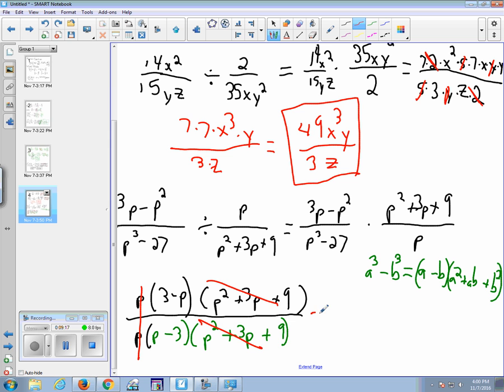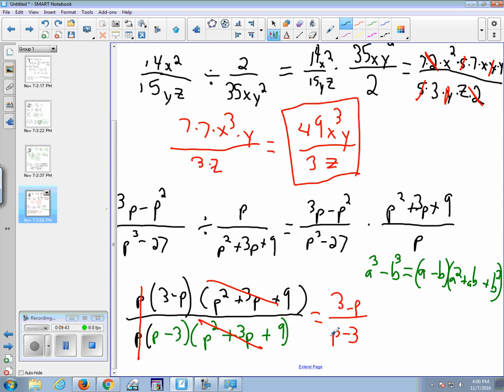We're done, right? 3 minus p over p minus 3. Hang on. Something... Can't we do anything here? We've got p's, we've got 3's. No, we can't do something. 3 minus p has a positive 3 and a negative p.